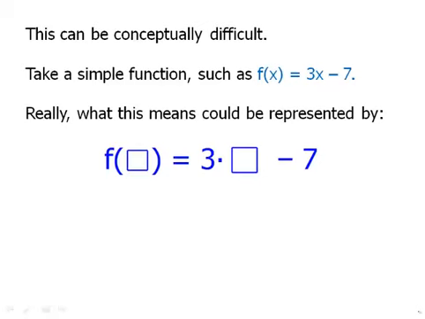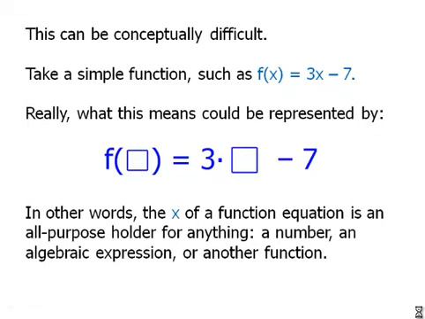We could put a number into that empty box, we could put an expression into that empty box. So really, the x of the function equation is an all-purpose holder for anything: a number, an algebraic expression, or another function. We have to expand our understanding of what x means and what it can hold as a variable. It can hold a number, but it can also hold an algebraic expression or even another function.